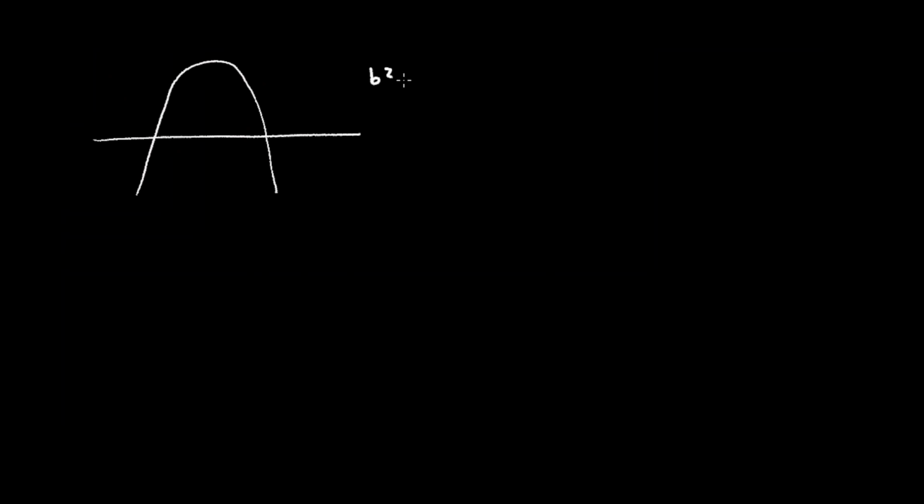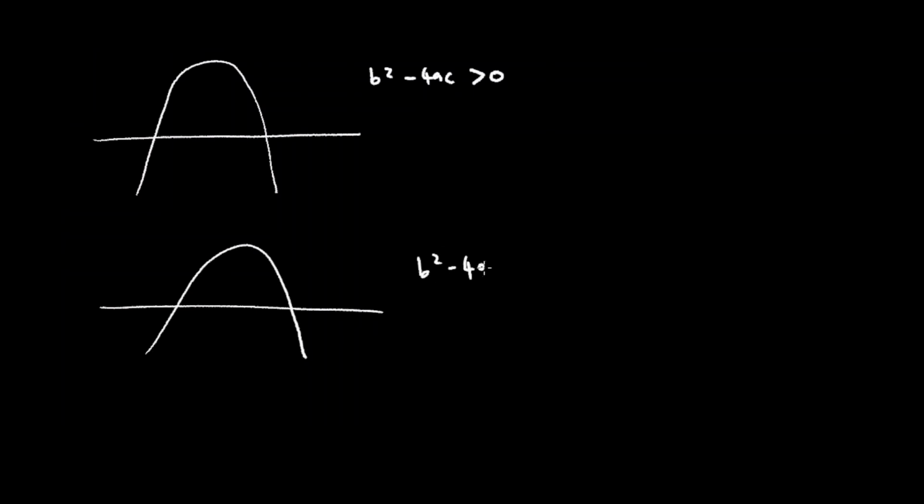When b squared minus 4ac is greater than 0, we shade above the x-axis, but if we shade above in this case, we shade inside the curve here. When the discriminant is less than 0 we shade below the x-axis, but this time we shade below here.